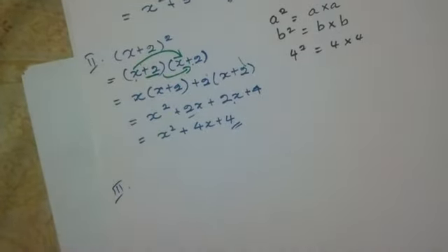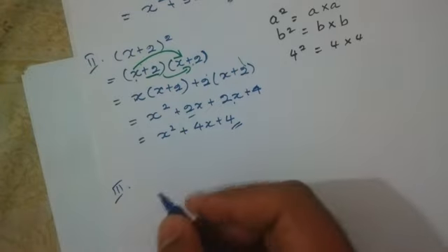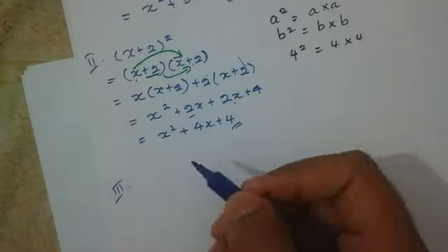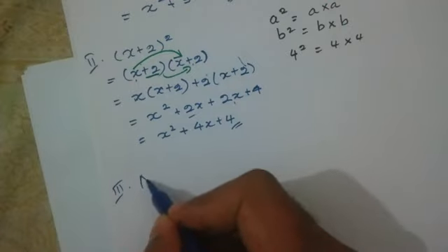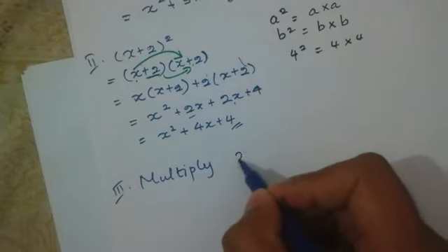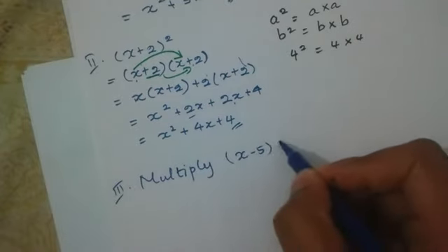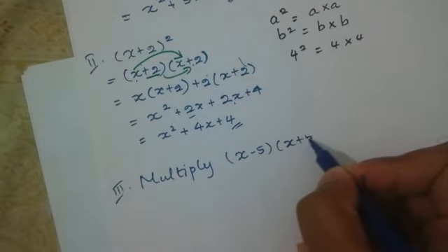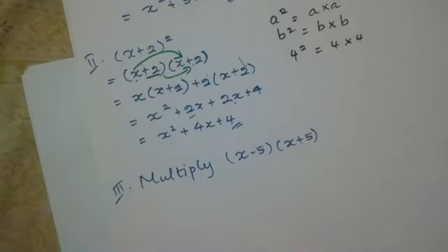What do we do if you have something like this? Let's say they ask you to multiply x minus 5 times x plus 5.